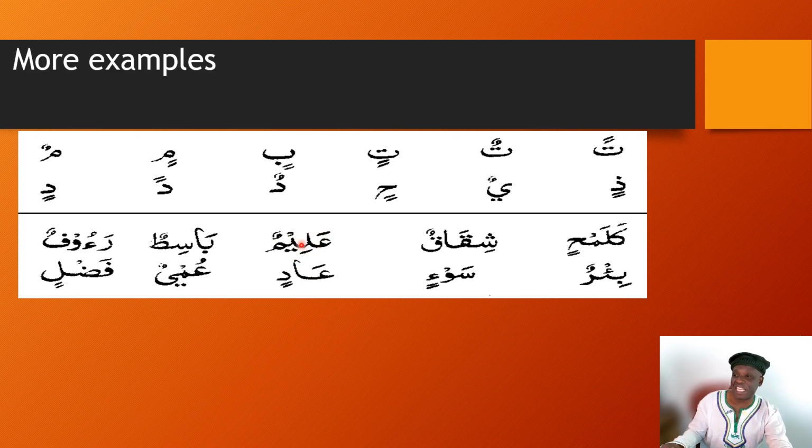So when there is a ya with a jazm after a letter, it means you also have to prolong or lengthen the pronunciation of the lam. This jazm affects the letter that comes before it. So here it will be alimun. Okay, then we've got ba with alif, fatha, ba.